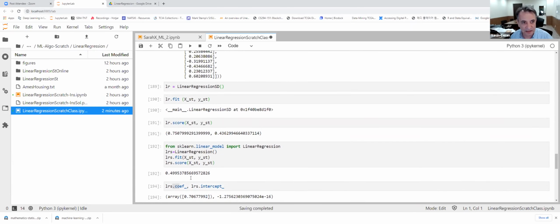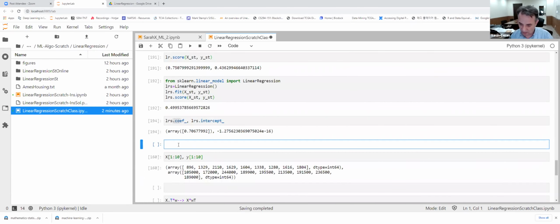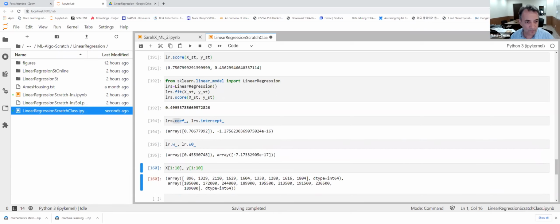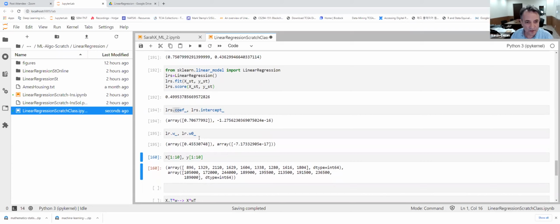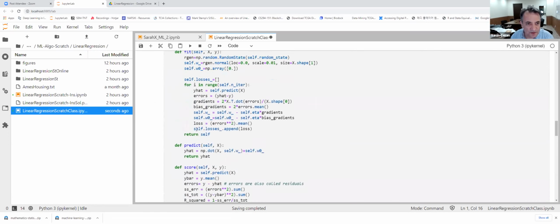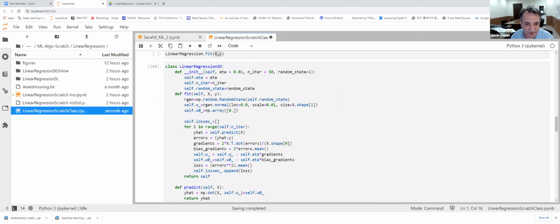Let's also check our LR. LR dot, what is that, W0. Let's go this way. Here, right? Okay. But W is a little bit different. Let me see. We made a small mistake at some place.